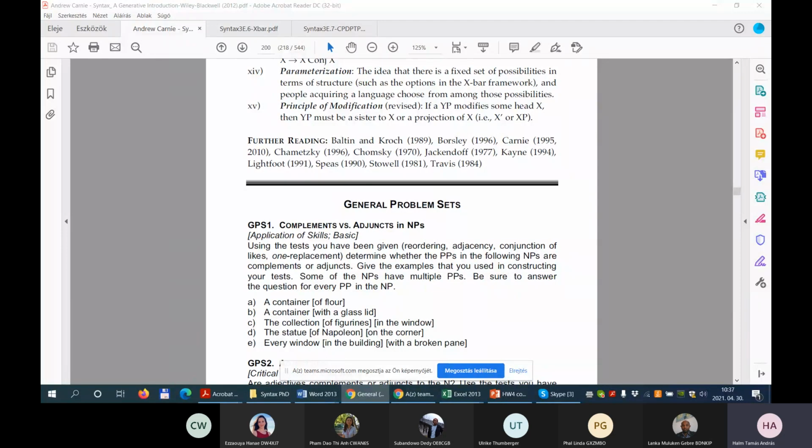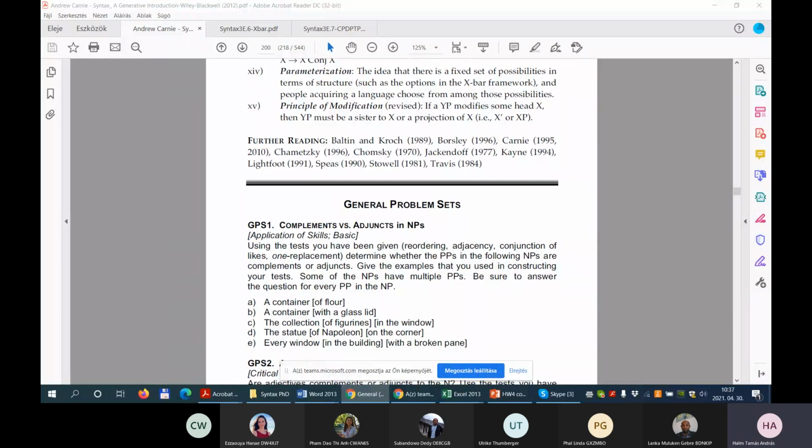Hannah, please. Sir, could we use the rule that says that complements are usually marked with the preposition of, and all the other ones are adjuncts, or not? Well, I would say this is like a rule of thumb. So it is true most of the time, but it's not a real test. It's not like 100% sure.